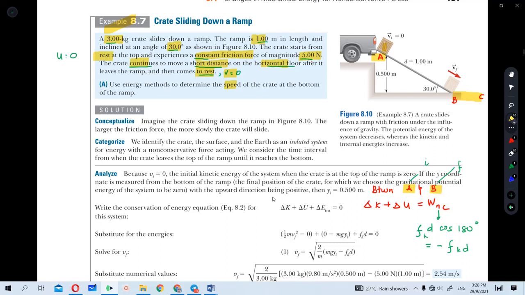Therefore, you will find that as the object continues moving downward the ramp, this is the displacement, or perhaps we tend to write delta R, and the direction opposite to the motion would be the direction of the kinetic friction. That's the reason you find that their angle is 180, and the effect is negative friction.